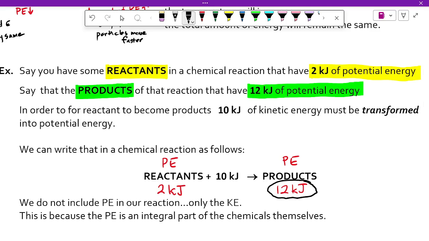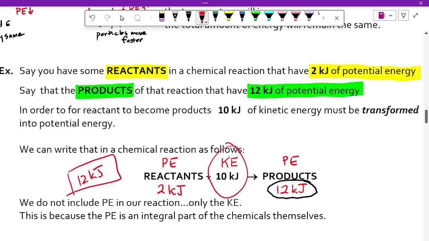Right now, we only have 2 kilojoules of potential energy. So we also have to have 10 kilojoules of what type of energy? Kinetic energy. Okay, so that's 10 kilojoules of kinetic energy. So that is 12 kilojoules on the left, 12 kilojoules on the right. So you're always going to have the same amount on the left and the right. When you see an energy term, the energy term is always kinetic energy.